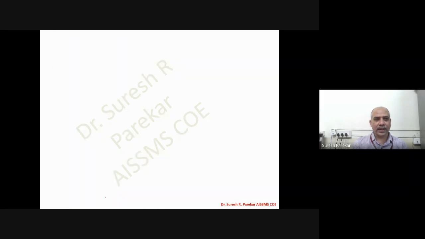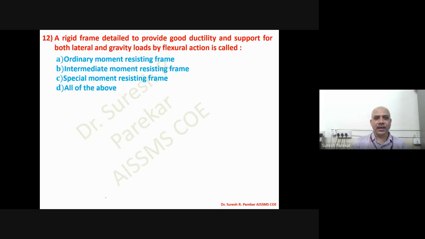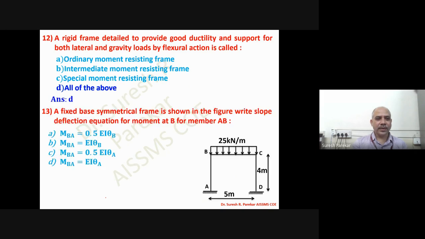Option we have B. Then a rigid frame detail to provide good ductility and support for both lateral and gravity load. So we have all the above. Then a fixed beam symmetrical frame is shown in the figure. Write the slope deflection equation for moment at B for member AB. So now if you remember, we have this slope deflection equation.